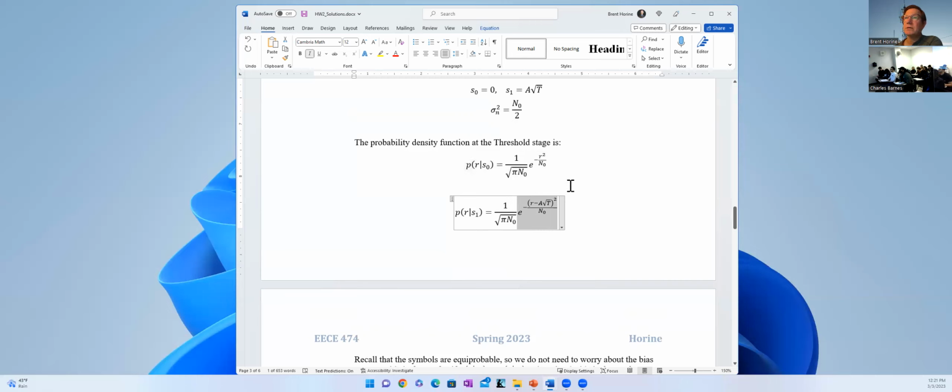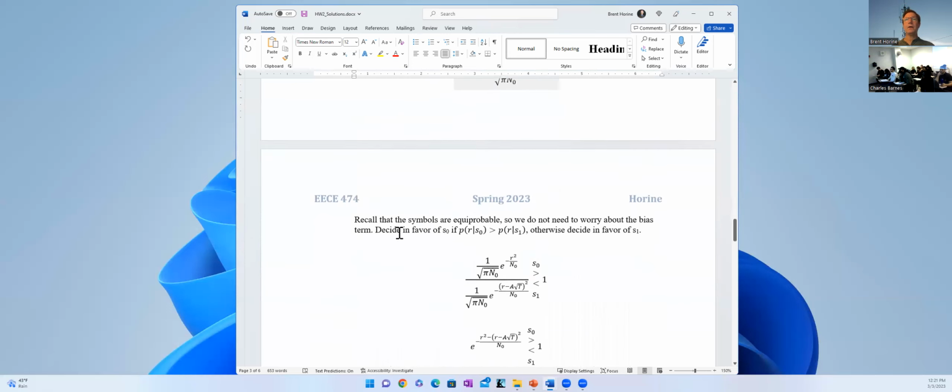So this describes the probability of where R is going to land. Ideally it would be right at 0, but there's going to be some noise impact on that.